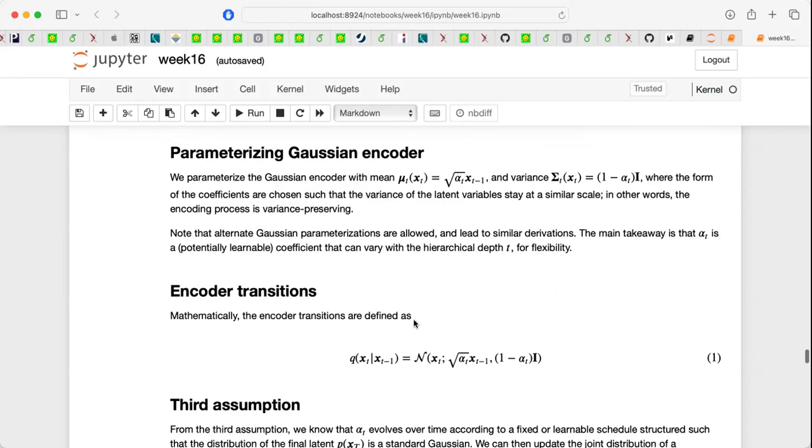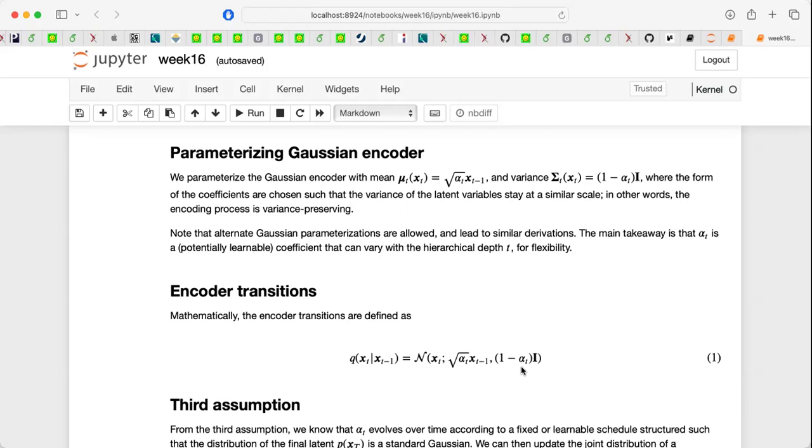Mathematically, these encoder transitions have a fixed form. They are given by a Gaussian, reflected in this letter n, with x of t as variable, a mean value given by this trainable parameter, and finally the variance, which is simply given in terms of this parameter alpha t, 1 minus alpha t.